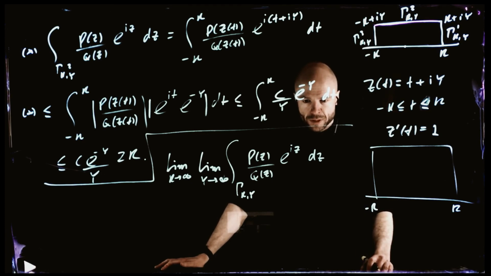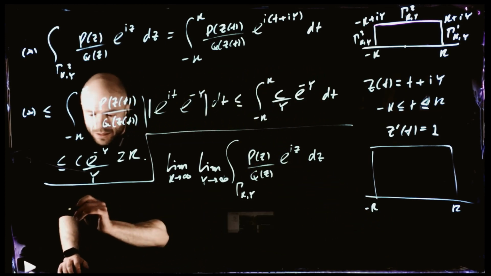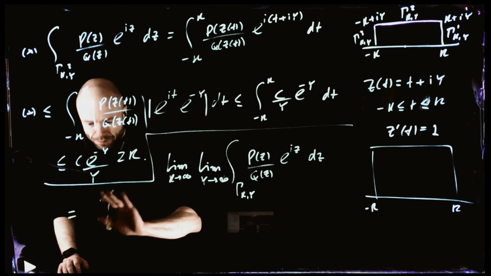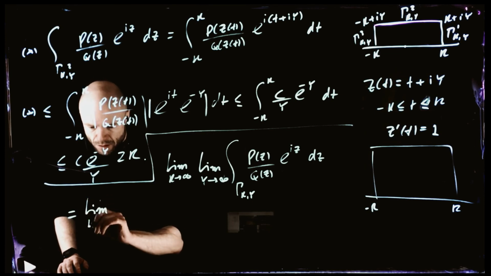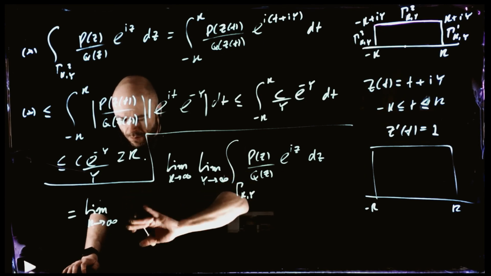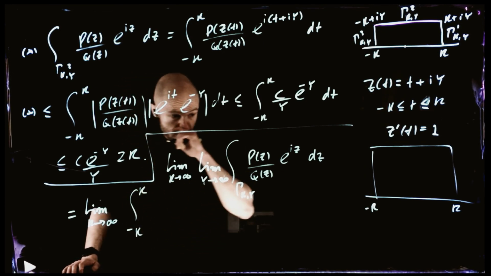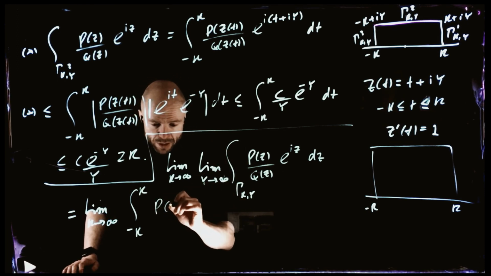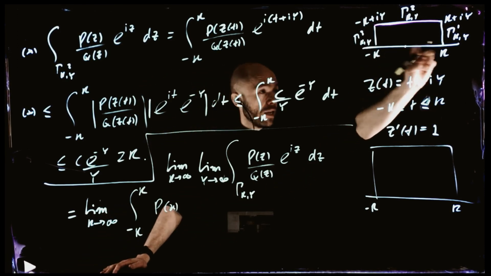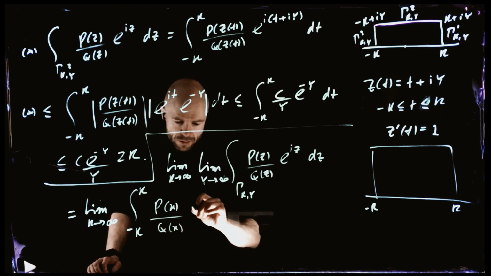Yeah? So all we'll have left from doing the limits in this order is just the limit as r goes to infinity of the integral from minus r to r of just the real part of this thing, just this side here, where stuff doesn't vanish.